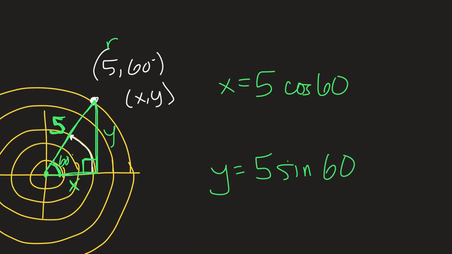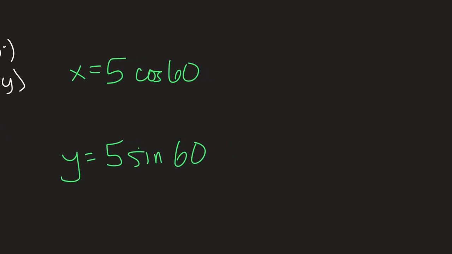If you're given a vector in its magnitude and direction, you can find the x and y components, and that's exactly what we're doing here. When I plug this into my calculator, 5 times the cosine of 60 degrees, making sure I'm in degree mode because I have a degree angle, I get a value of 2.5. And 5 times the sine of 60 in degree mode gives an answer of 4.33.